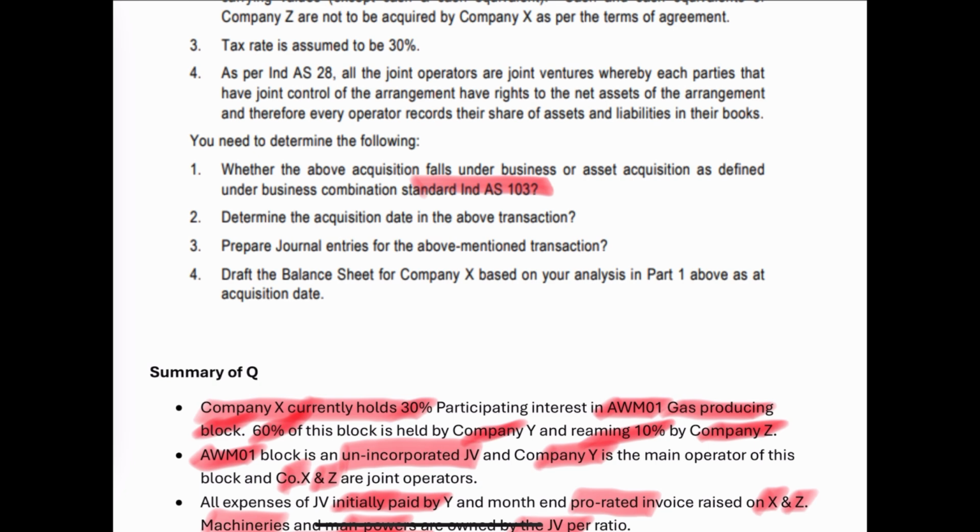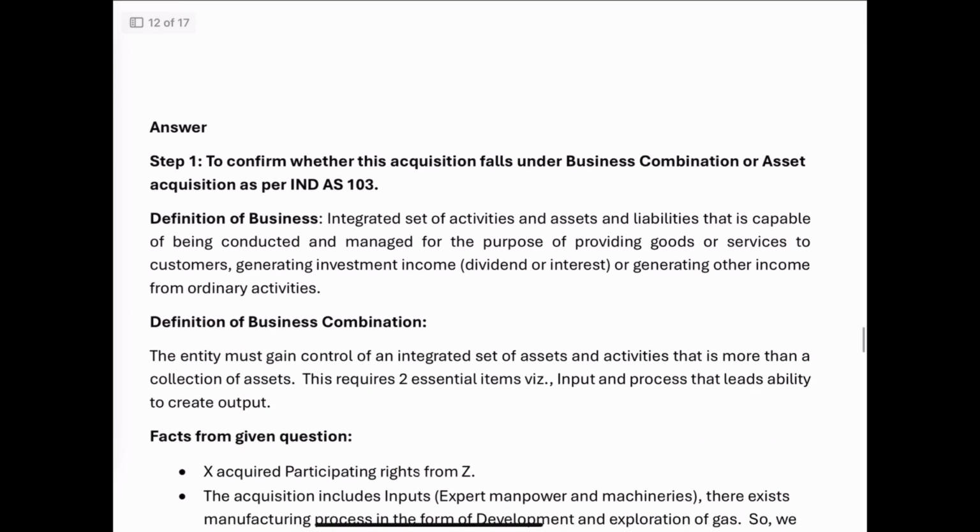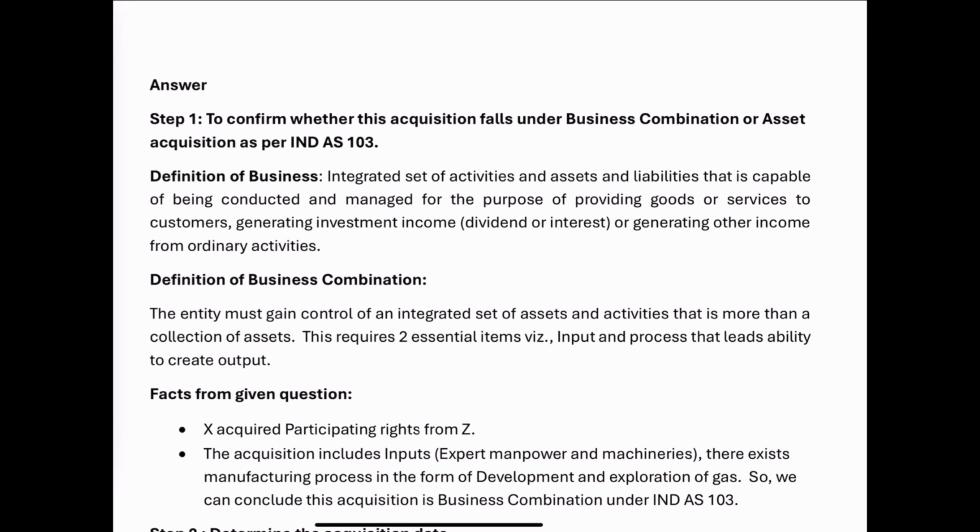Also we have to determine the acquisition date, prepare some journal entries for the merger, and then prepare the final balance sheet of company X once the merger has taken place. Let's see how this can be done. Let's get into the answer.